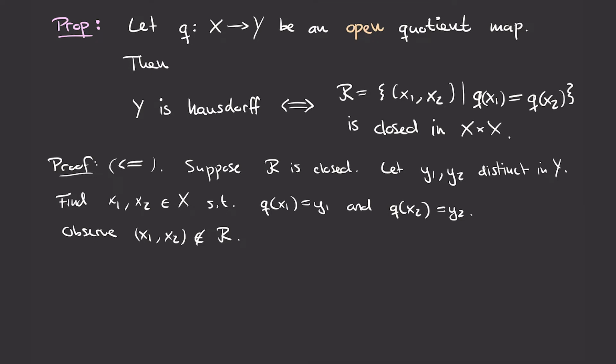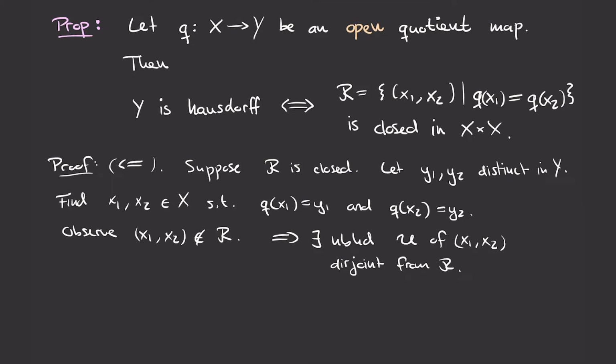All right, so we found this point which does not lie in R, but now remember that we're assuming that R is closed, which means that its complement is open, and this (x1, x2) is a point in the complement of R. So this means that there exists a neighborhood, which I'll call U, of (x1, x2), that is disjoint from R. Or in other words, the neighborhood U is entirely contained within the complement.